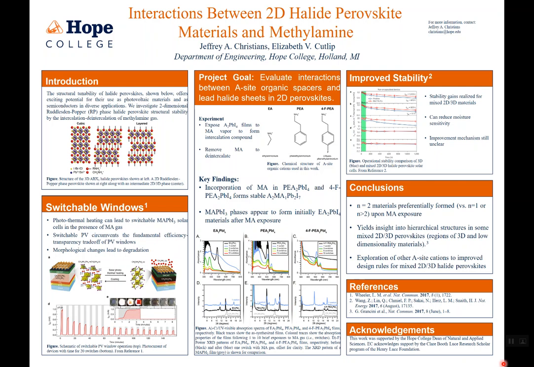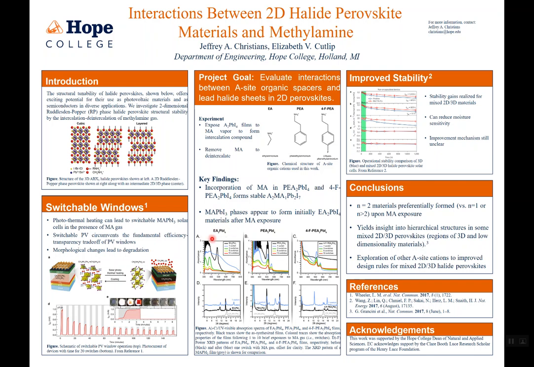So we actually get the formation of a mixed phase, like this here, where we have what we would call an N=2 phase, where we have two layers of the perovskite sheets. Methylamine is in there, and then the PEA on the outside. So we go from an N=1, where we're pure PEA, to this mixed 2D, 3D N=2 phase. And we see that for both PEA and 4-fluoro-PEA.